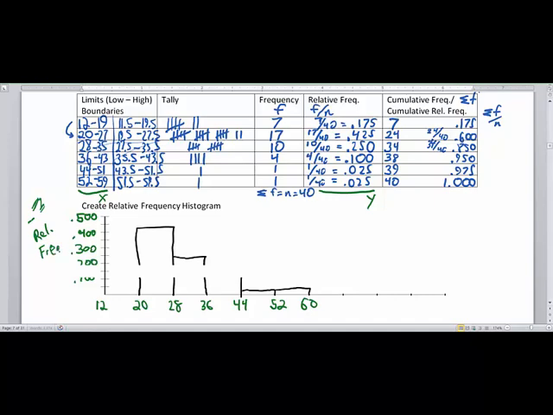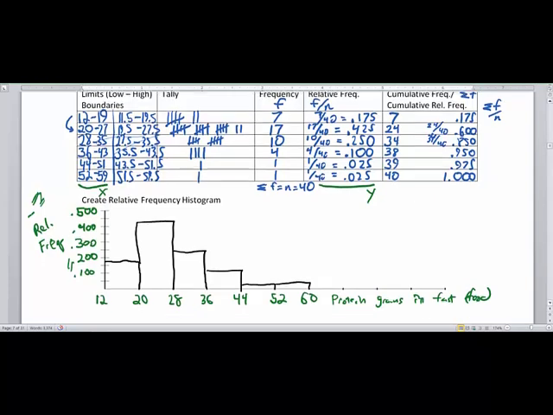And then over here, this is going to be our x-axis, which is going to be our protein in grams in fast food.